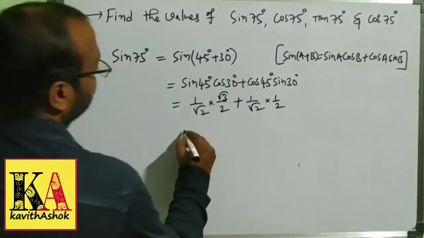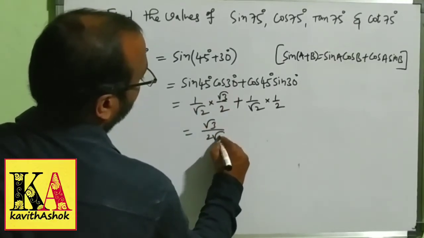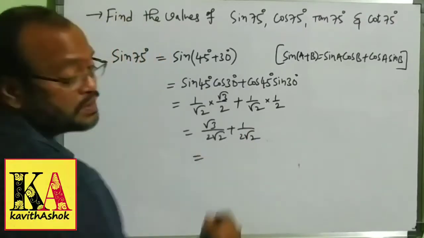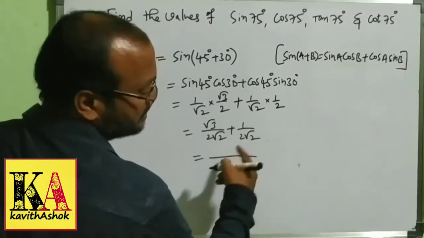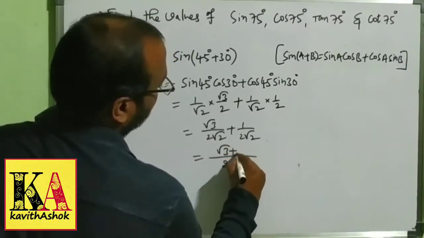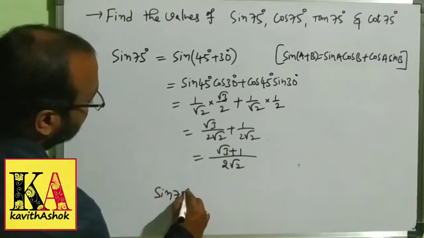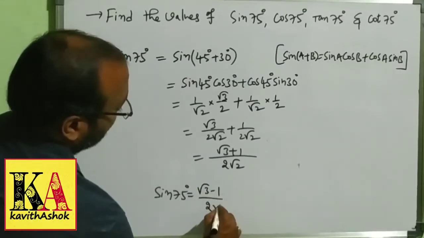Now 1 into root 3 is root 3 by 2 root 2 plus 1 by 2 root 2. Since these two are like fractions, 2 root 2 is the LCM, root 3 plus 1. So now sin 75 degrees is equal to root 3 plus 1 by 2 root 2.